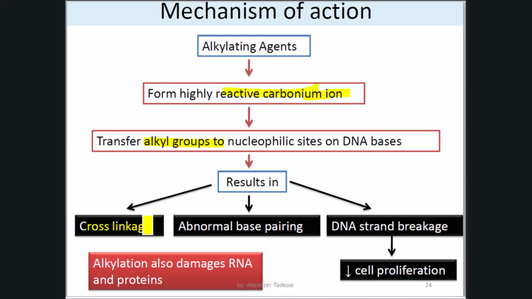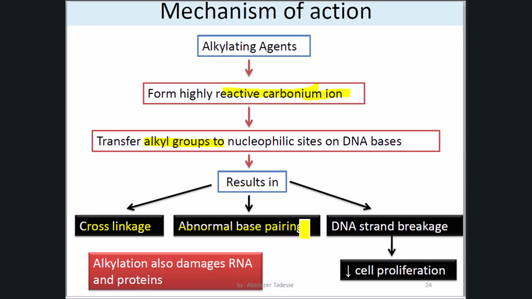The other mechanism is abnormal base pairing. If there is abnormal base pairing, DNA replication cannot continue, so this results in mutation, which leads to apoptosis of the cell.